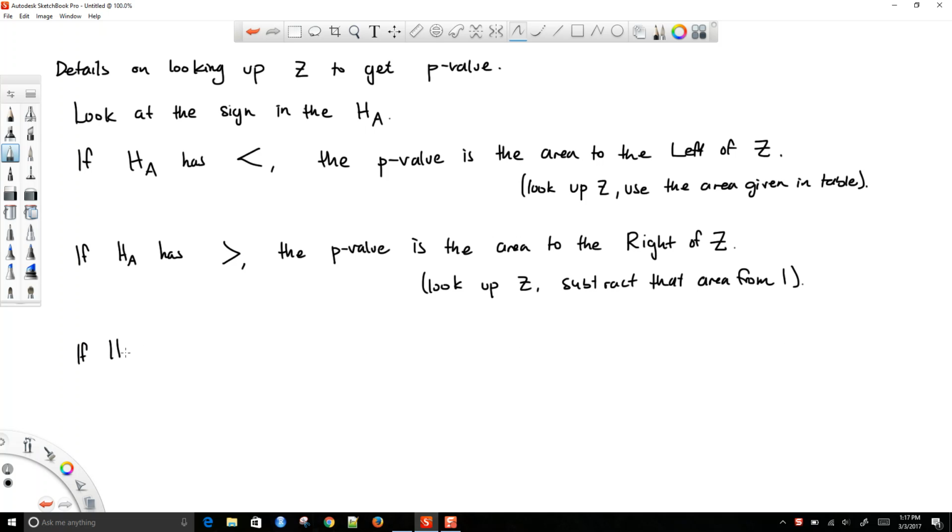And if the alternative has a not equal sign, then the p-value is 2 times the tail area.